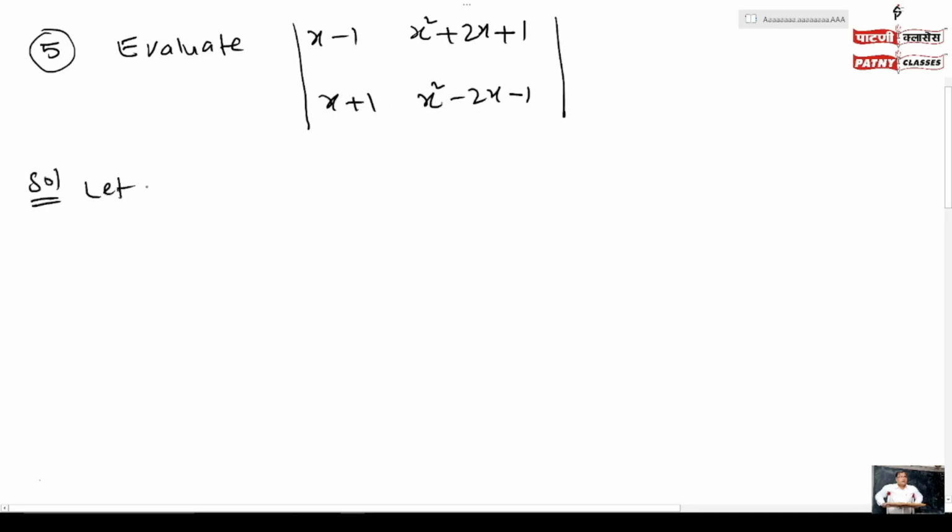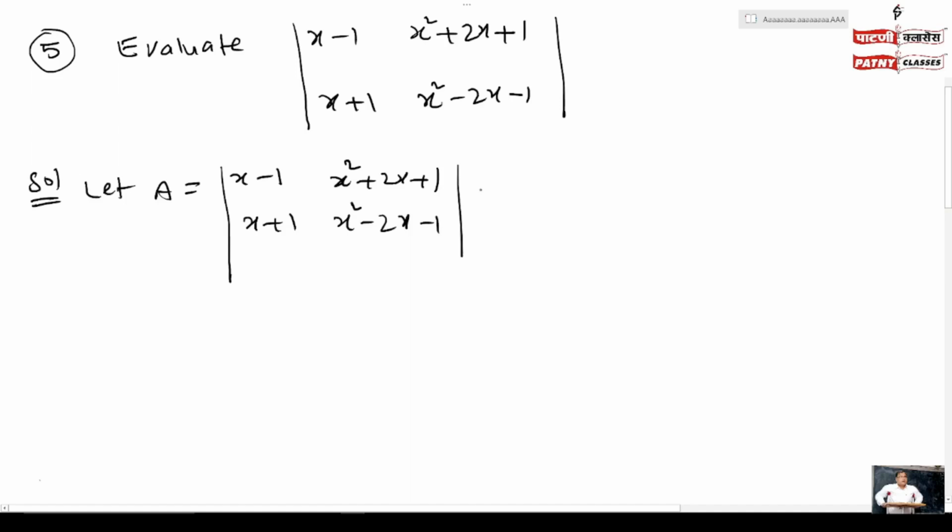Let A equal to the determinant x minus 1, x square plus 2x plus 1, x plus 1, x square minus 2x minus 1, comparing with a, b, c, d. So the determinant of A equals AD minus BC.